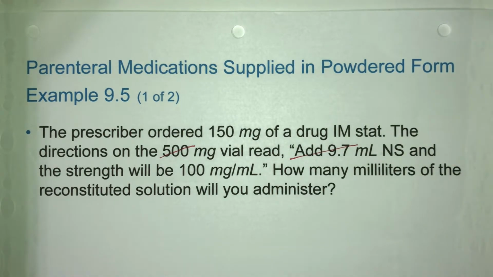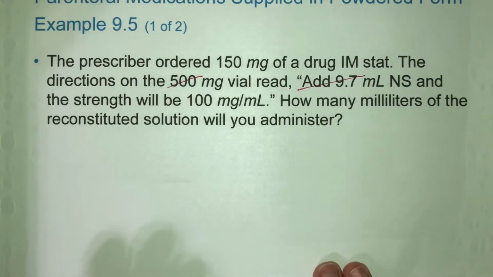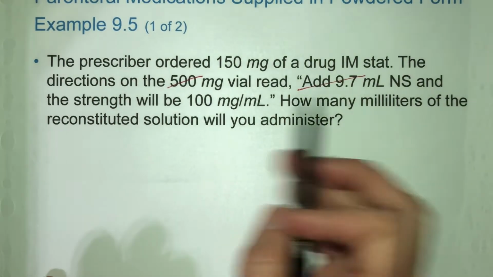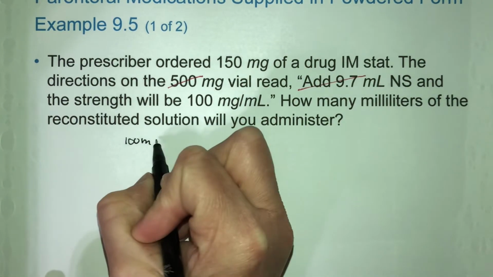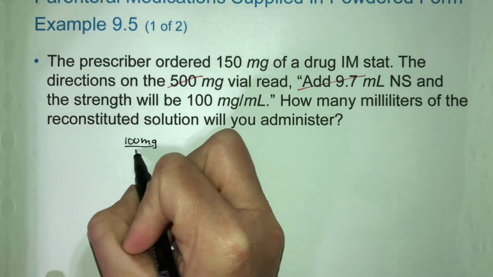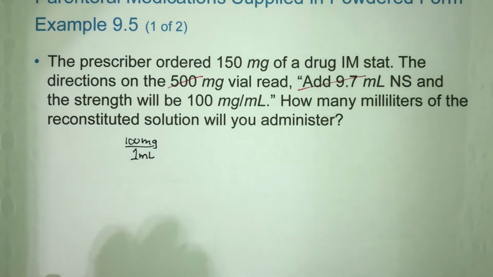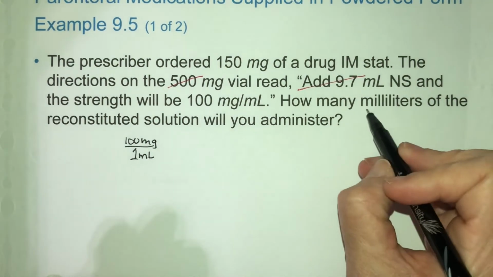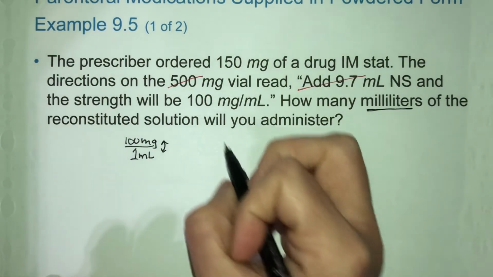Okay, so this problem works essentially the same way as all the others. Okay, the strength is 100 milligrams per milliliter. We are supposed to end up with milliliters, so I'm going to flip this so that my milliliters are on the top.